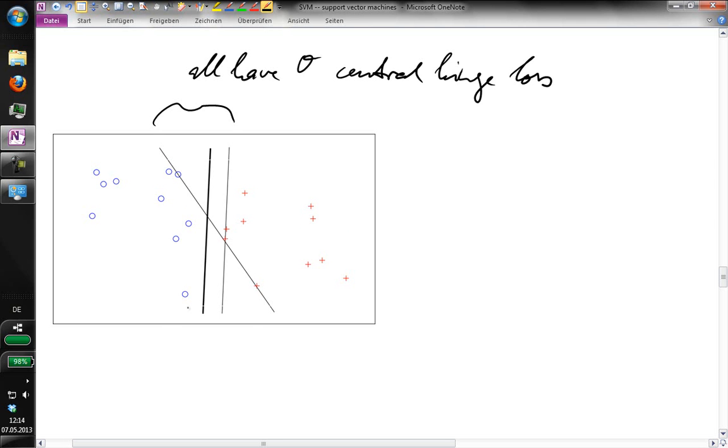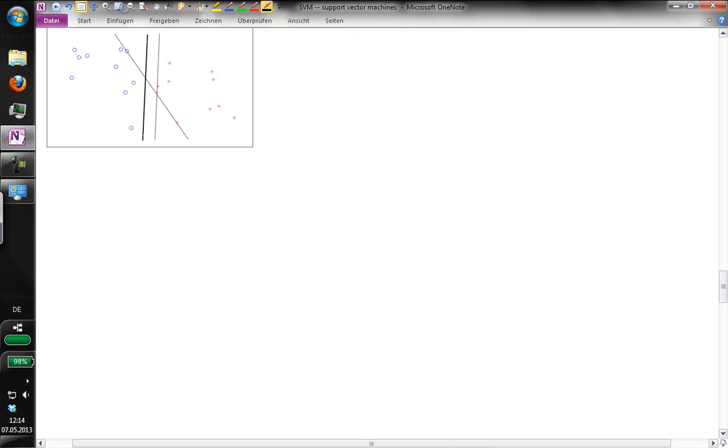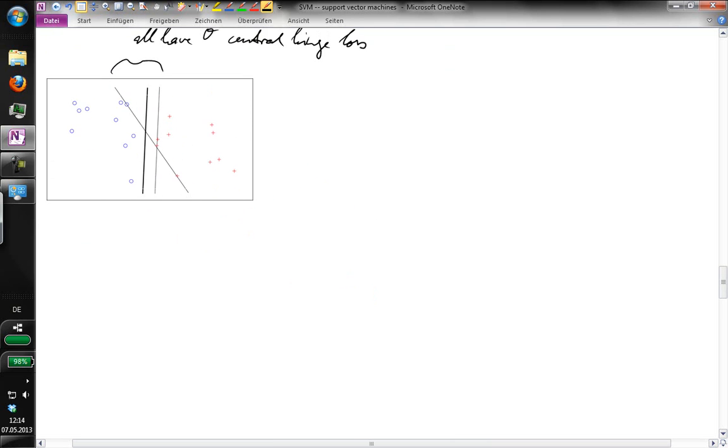So, endowing all points with a margin, how can you accomplish this? And it's now that we come to the true support vector machine. So again here the famous plot of the loss function.